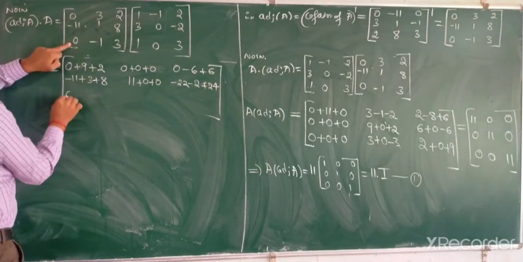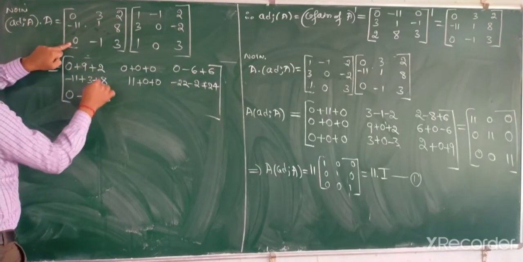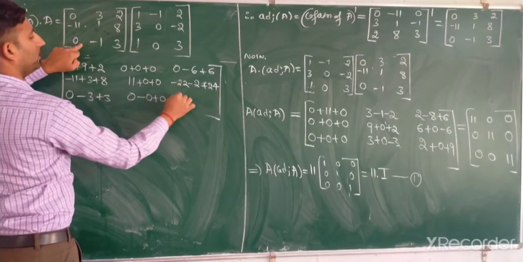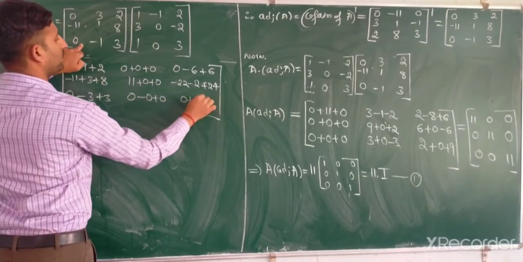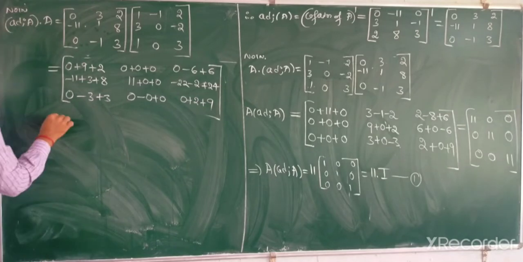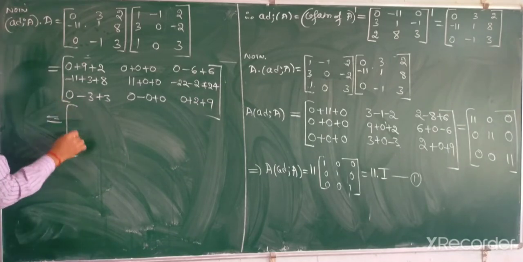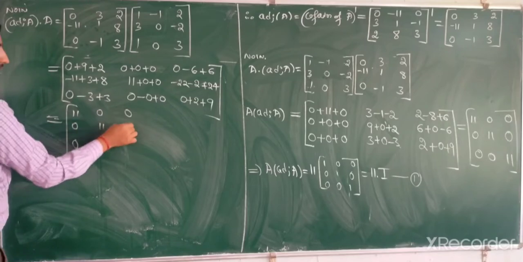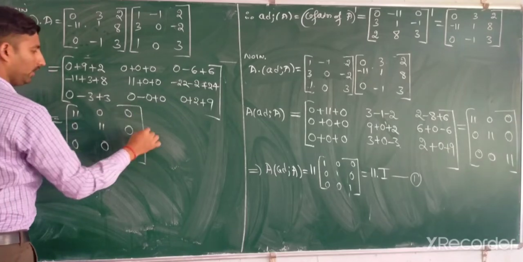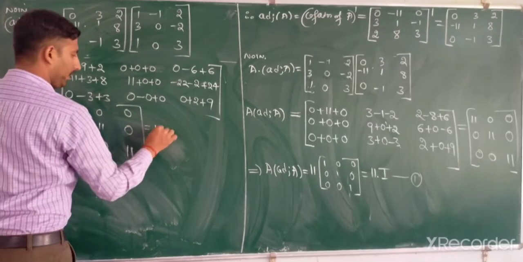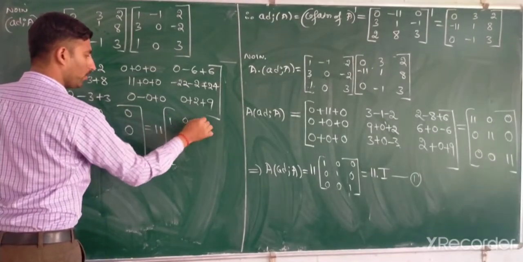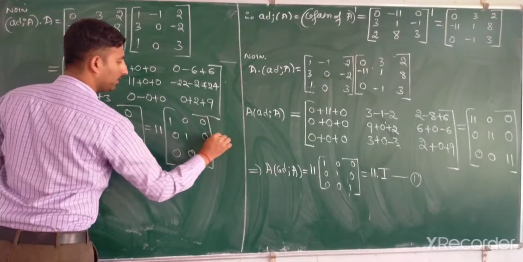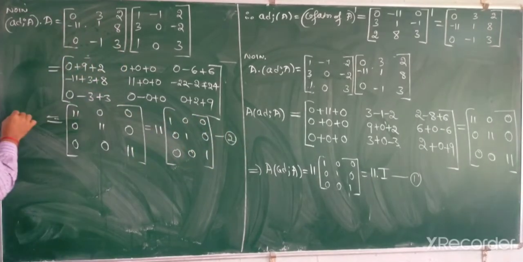After that, 0 into 1 is 0, minus 3 plus 3, 0 plus 0, 0 minus 1 plus 3, 9. This is nothing but 11 0 0, 0 11 0, 0 0 11. You take 11 as common, 1 0 0, 0 1 0, 0 0 1. Call it equation number 2.